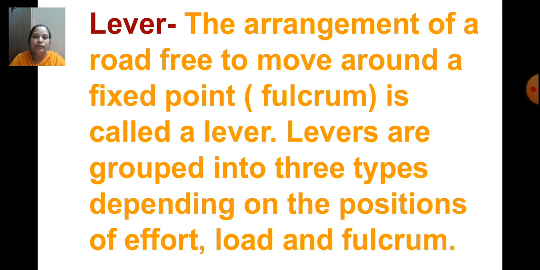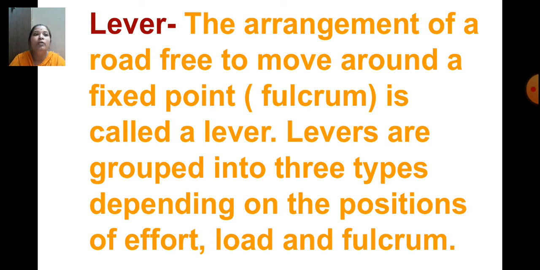Now, lever. We saw just now how a lever works. The arrangement of a rod free to move around a fixed point, as we saw, that fixed point is the fulcrum, is called a lever. What is a lever? Repeat with me.